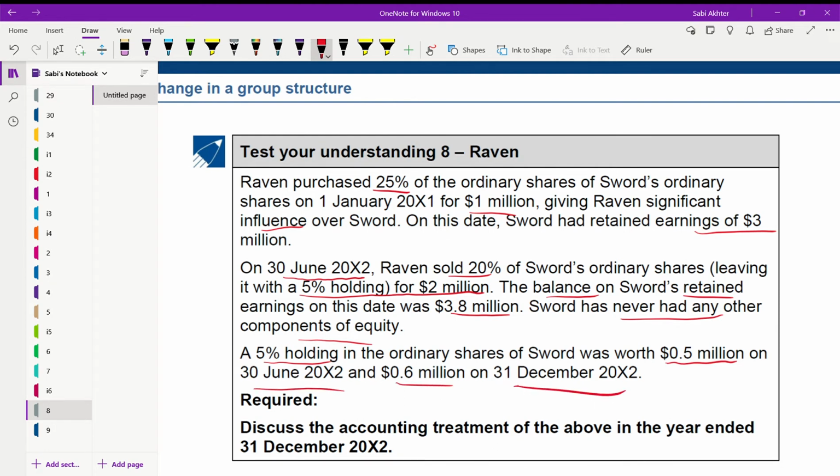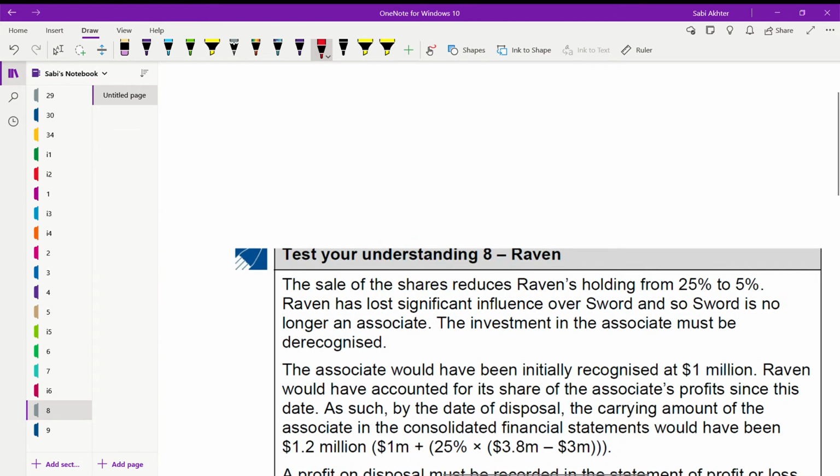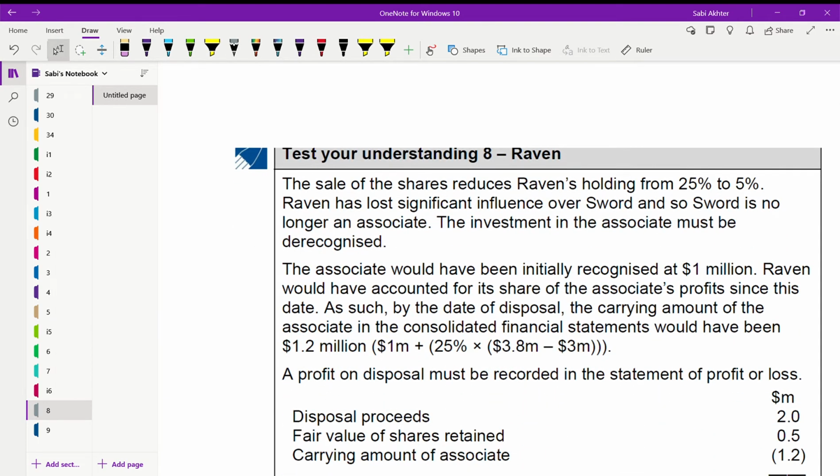Remember, this is a financial asset now. You have to deal with it under IFRS 9, because it is a 5% holding. That means you have to be good in your IFRS 9 as well. So group accounting tests many areas of your standards. It's not just group accounting where you just know how to consolidate. You have to know many other small standards in group accounting.